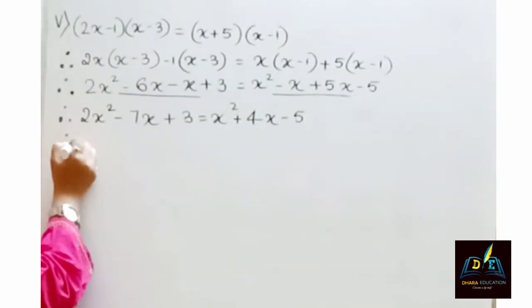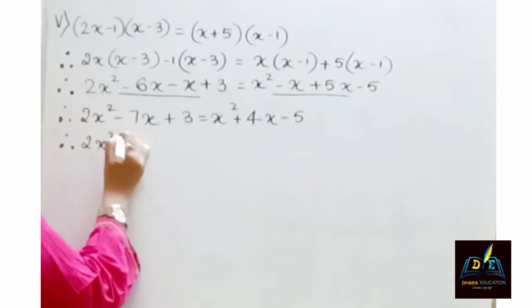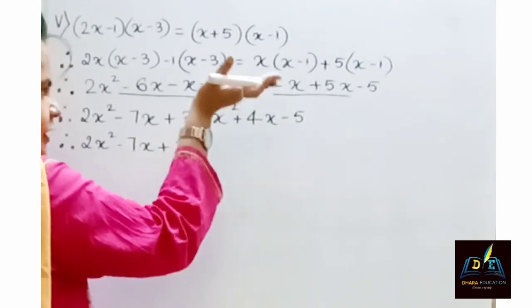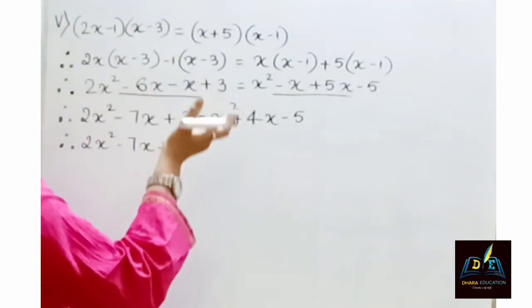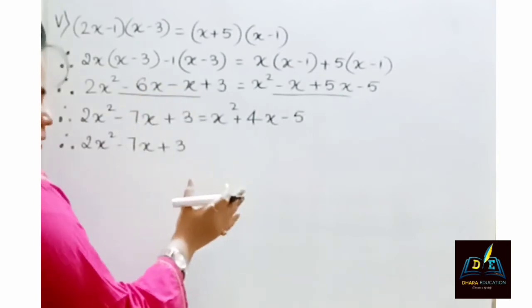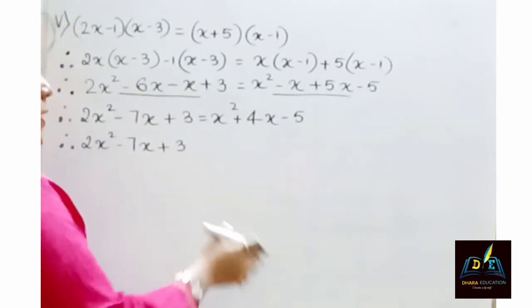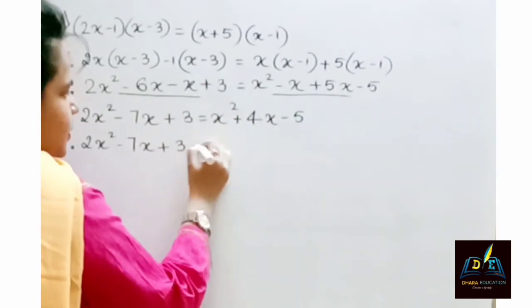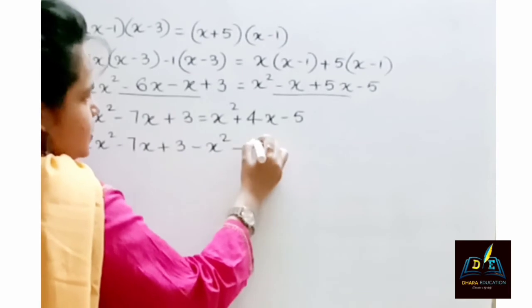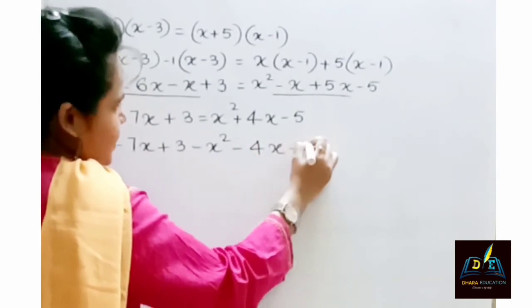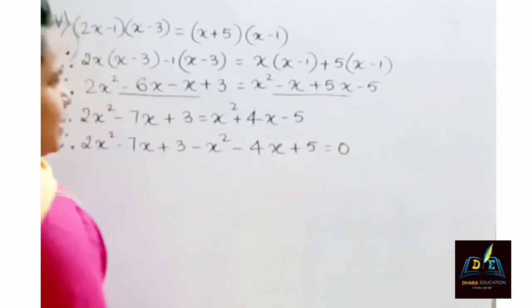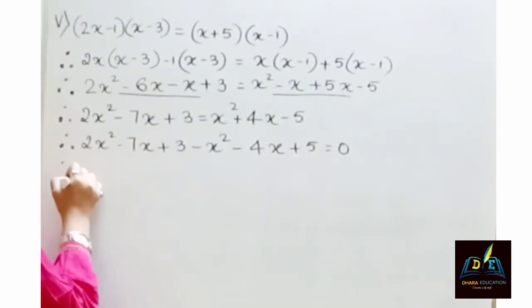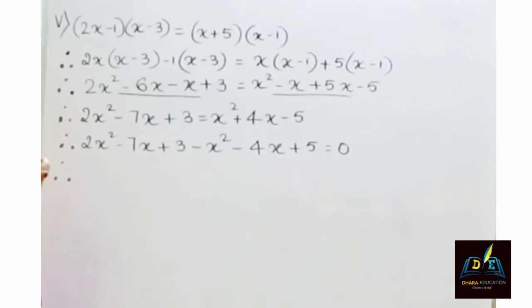Now, next step, 2x square minus 7x plus 3. We have to shift the entire terms over here with the opposite sign. As you know very well, plus will act as minus and minus will act as plus. So here minus x square minus 4x and plus 5 is equals to 0, to make our standard form of quadratic equation.